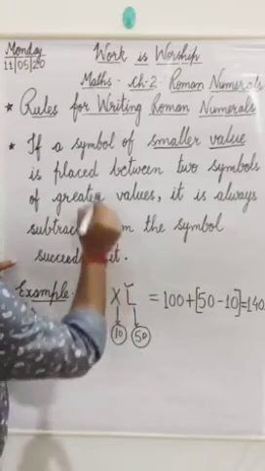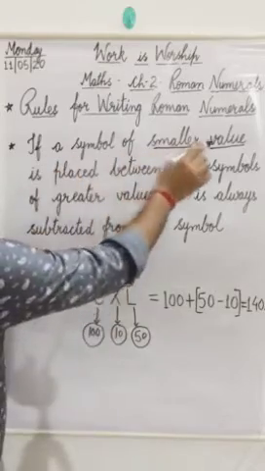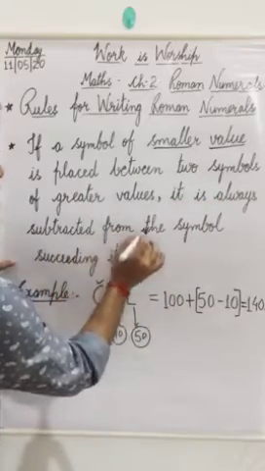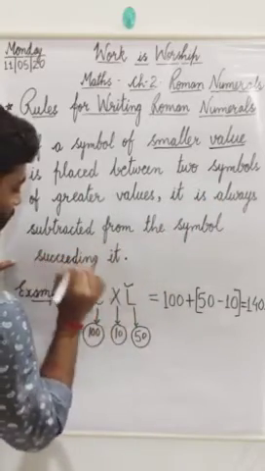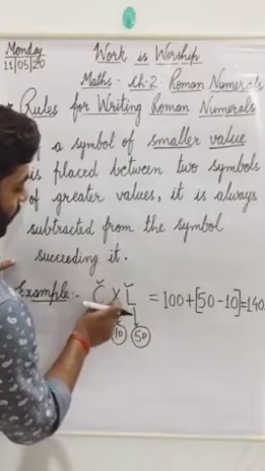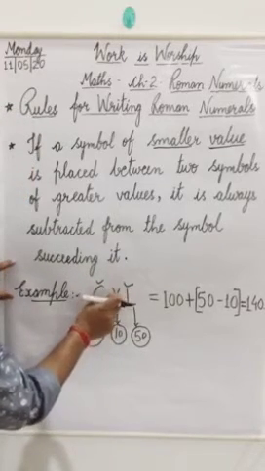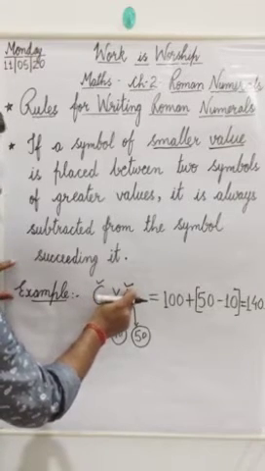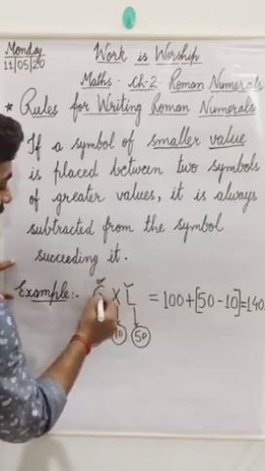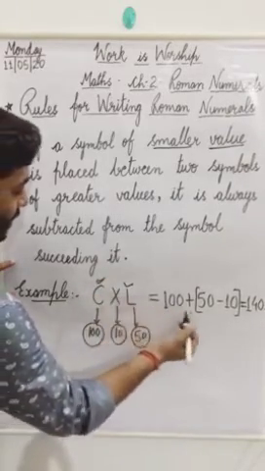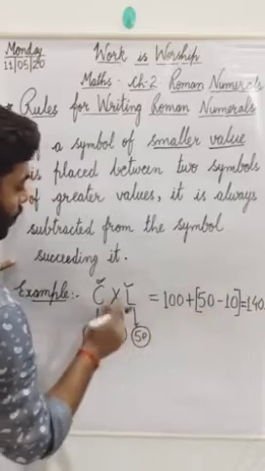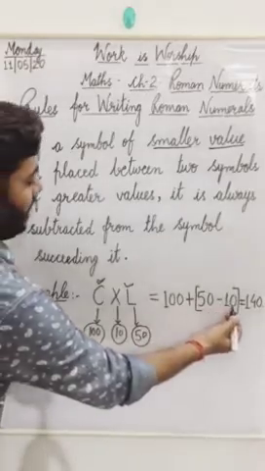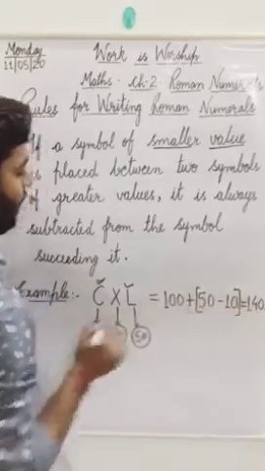So in the point, if a symbol of a smaller value is placed between two symbols of greater value, it is always subtracted from the symbol succeeding it. तो रूल के अकॉर्डिंग जब किन्हीं दो ग्रेटर वैल्यूज के बीच में कोई स्मॉलर वैल्यू रखी जाती है तो वो हमेशा आगे वाले वैल्यू से सबट्रैक्ट हो जाती है. Okay, now C is equal to 100 and X is 10 and L is 50. So X is subtracted from 50. So 100 plus 50 minus 10 is equal to 140.